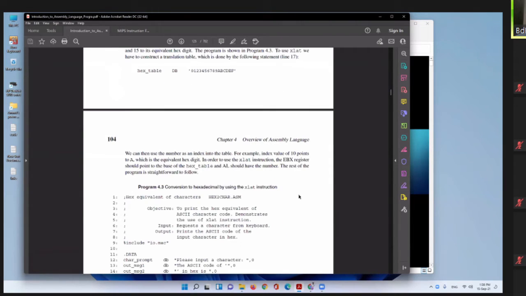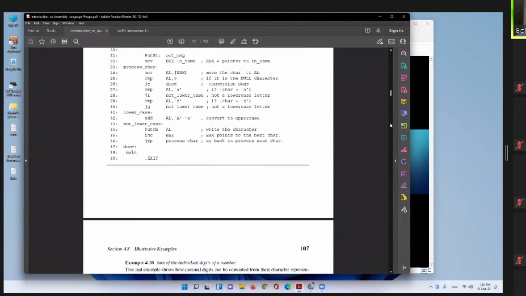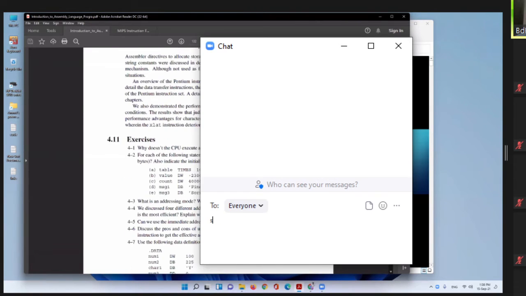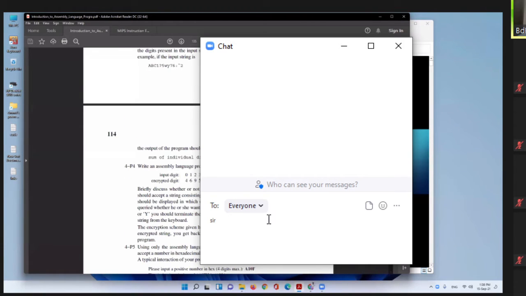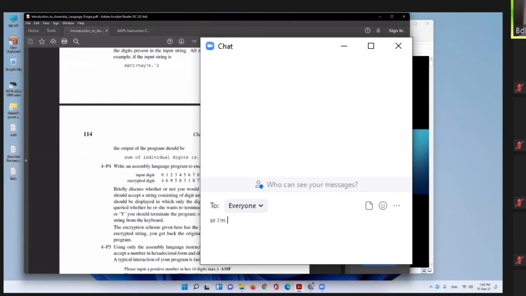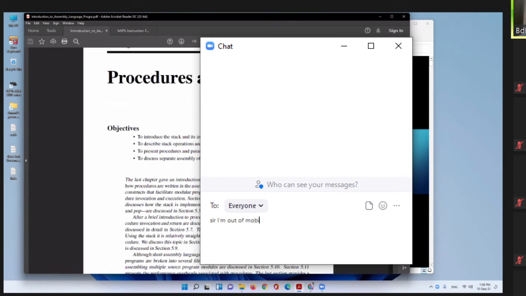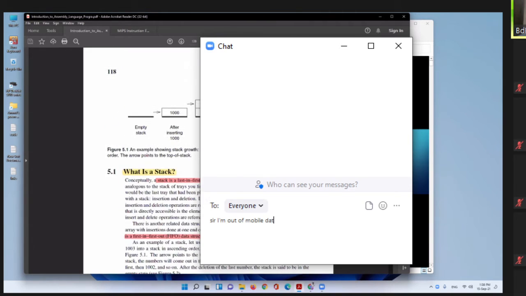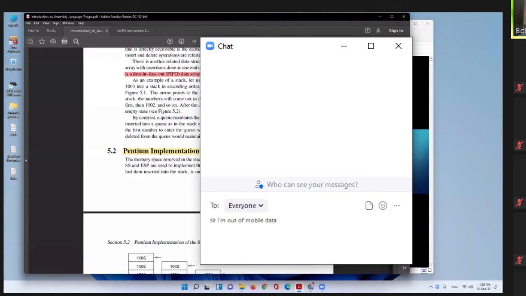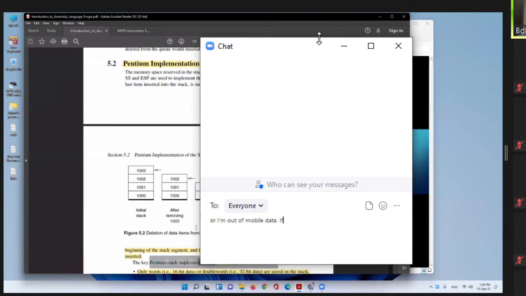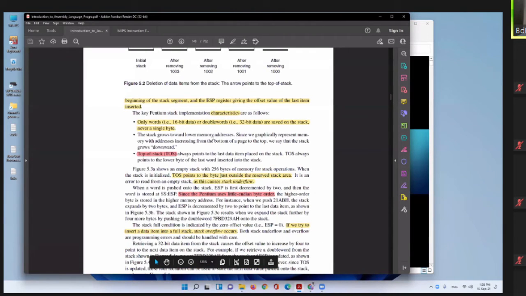After that, we have discussed chapter number 5, the stack operation. A very short and easy chapter. We have discussed what a stack is, how the Pentium processor implements the stack, addition and deletion. There are some rules to do that.